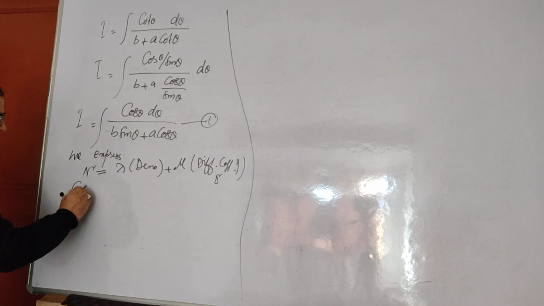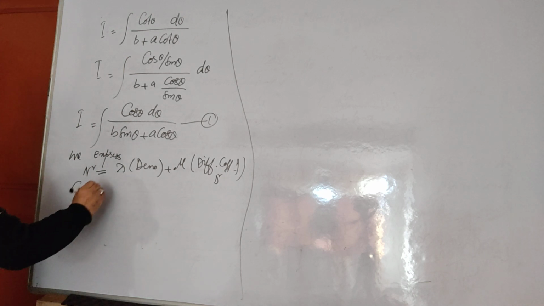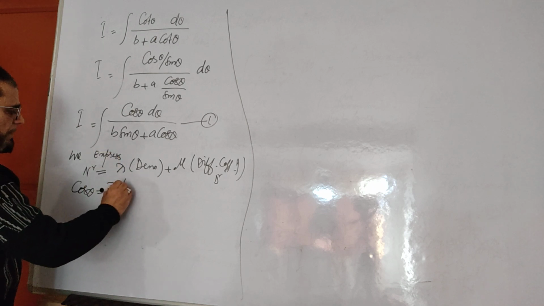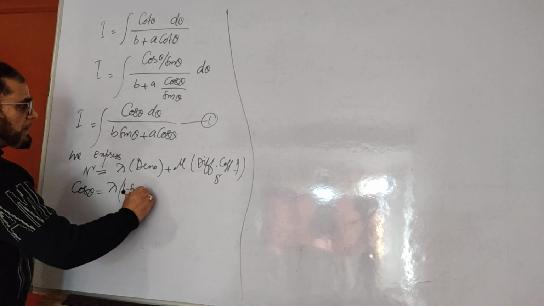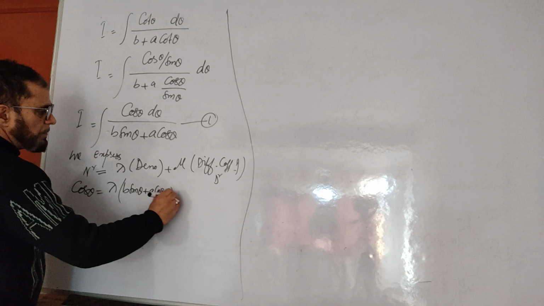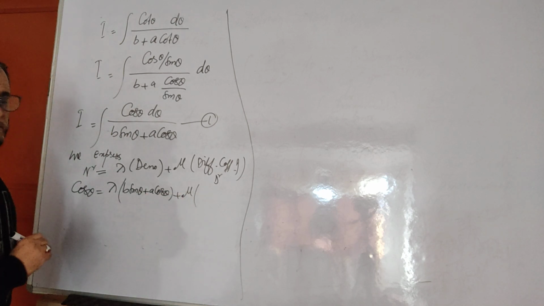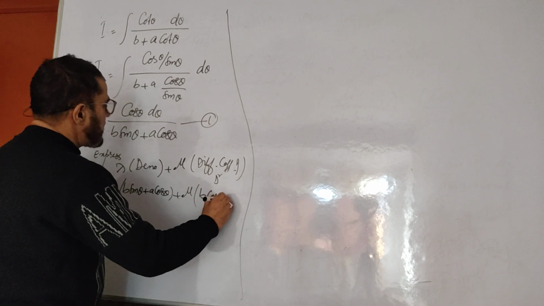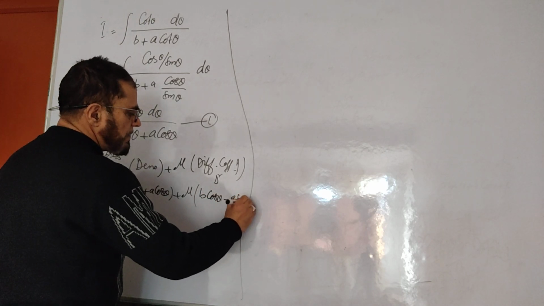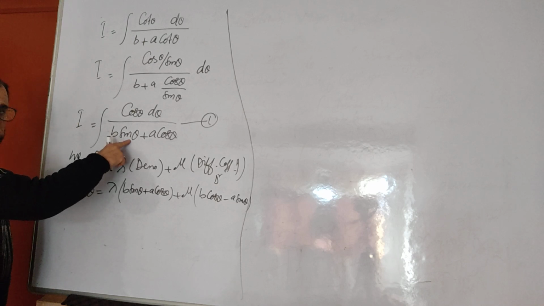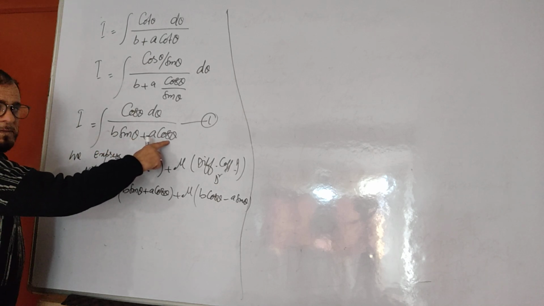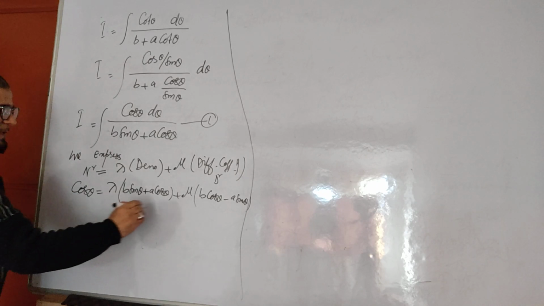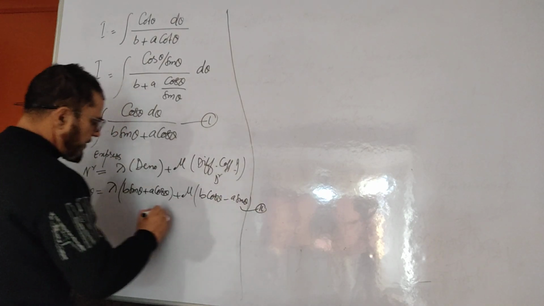It is cos theta is equal to lambda times the denominator, which is b sin theta plus a cos theta, plus mu times the derivative of this, which is b cos theta minus a sin theta. We differentiate sin with respect to theta, it is cos, and cos gives minus sin, so minus a sin theta. Now name this second and compare coefficients.